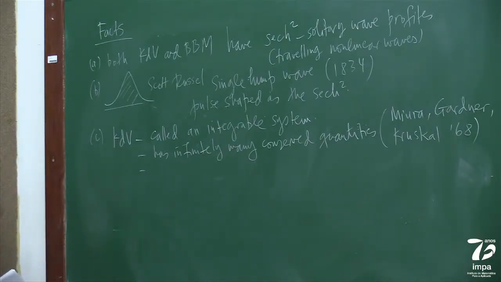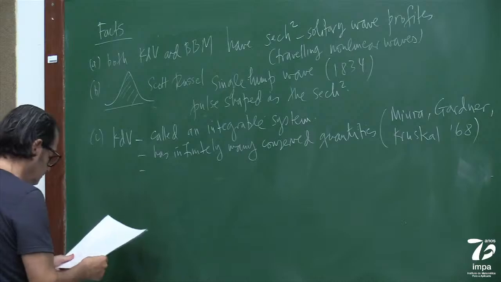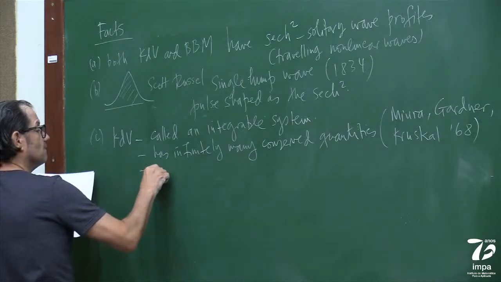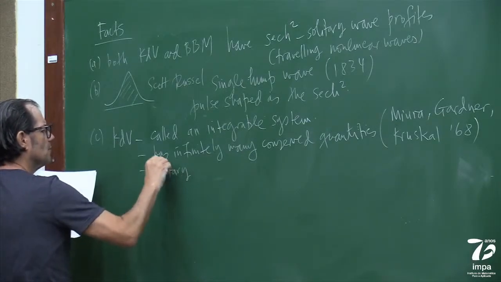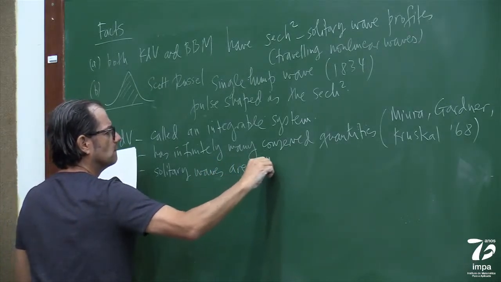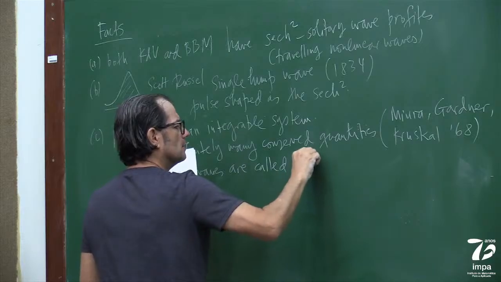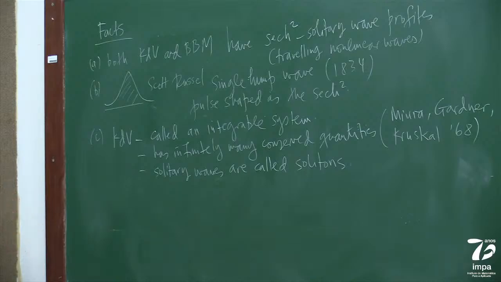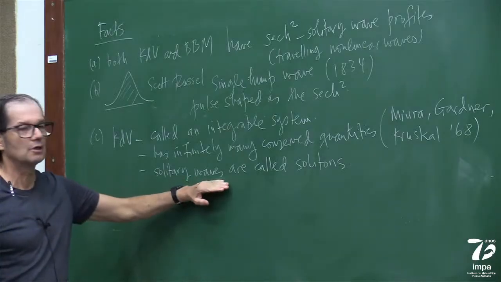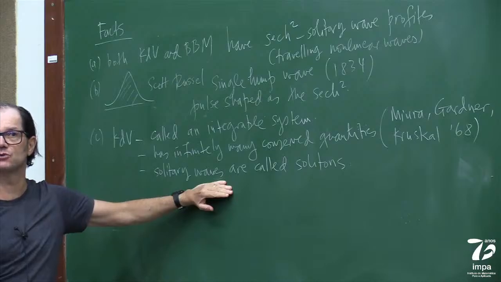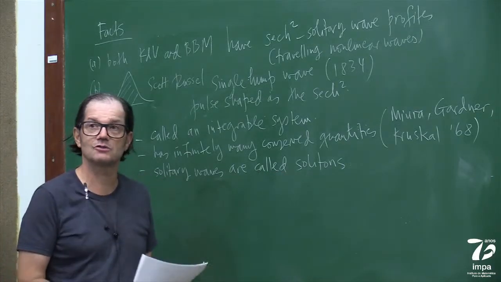So integrable systems, right? It has this, which is something else. Well, let me write and then I'll mention. Solitary waves are called solitons, right? And maybe Kruskal, I don't know if it was Kruskal that was one of the first people who gave this name. These days, unfortunately, the name soliton is getting more and more misused, right?